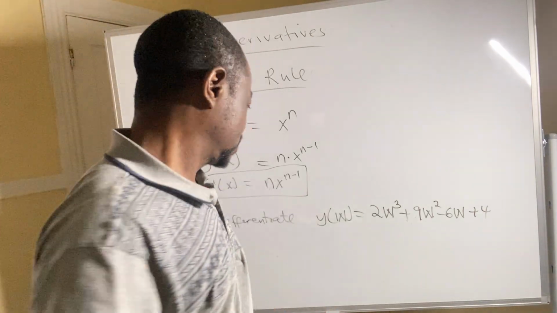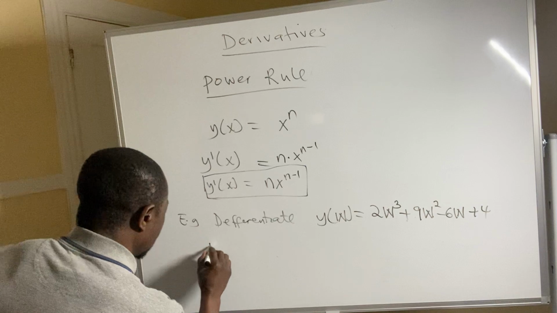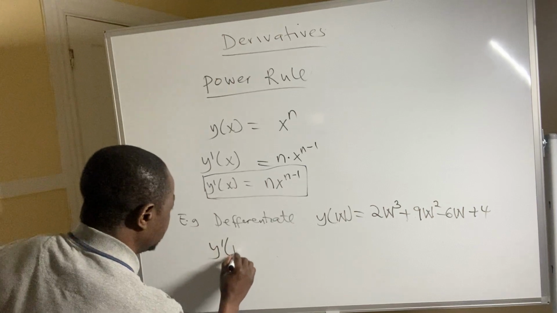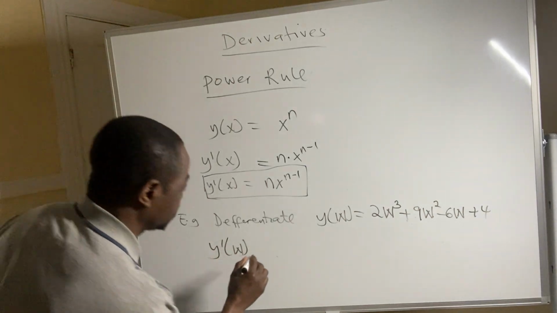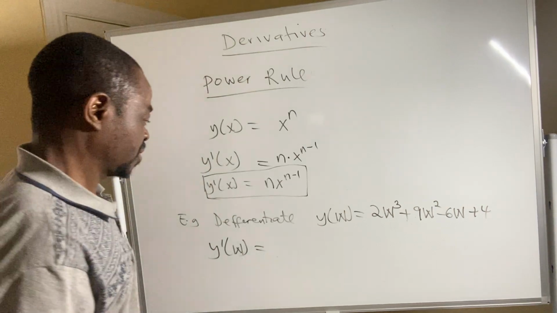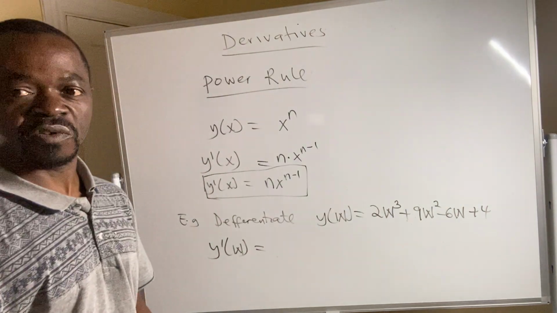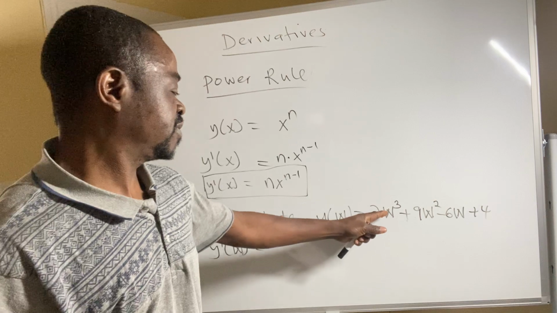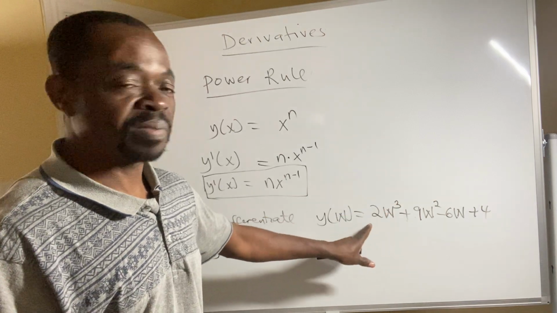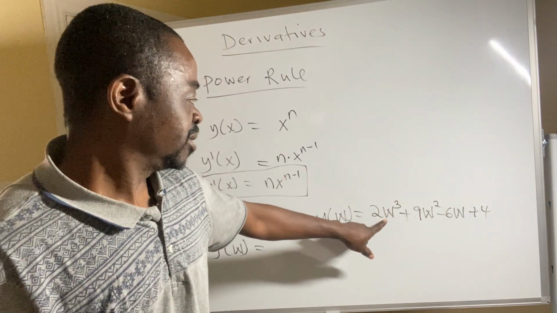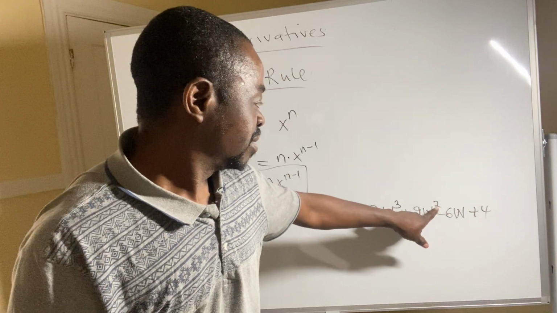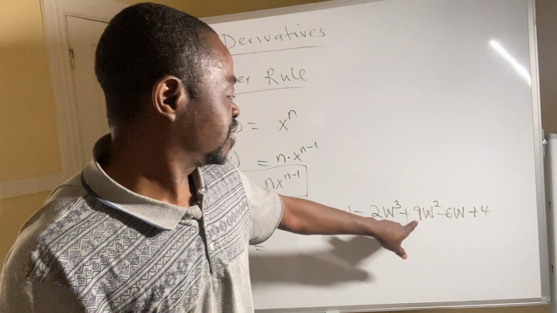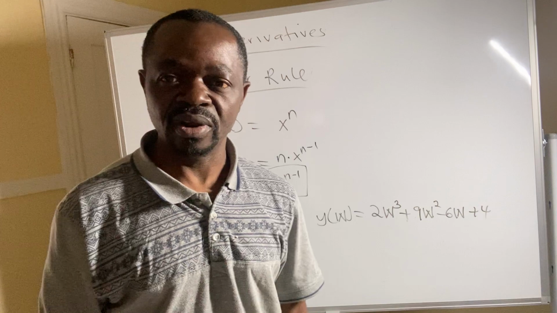Very simple. So y prime of w is equal to, following the rule or the formula, we simply bring down whatever power it is up here, multiply by the coefficient of w, the power multiplied by the coefficient of w, in that order.